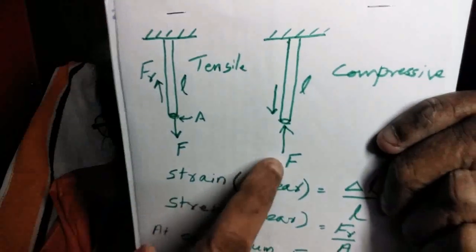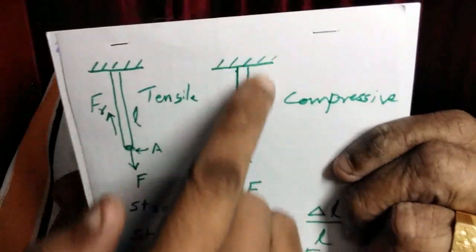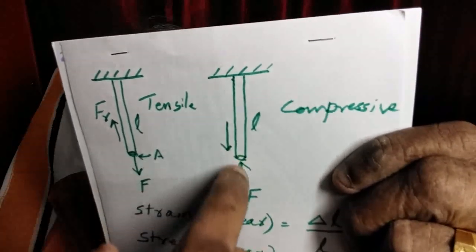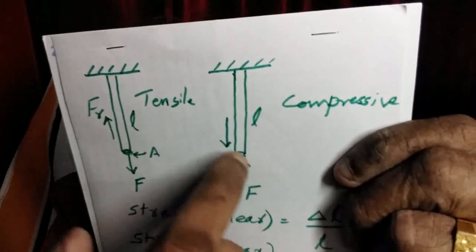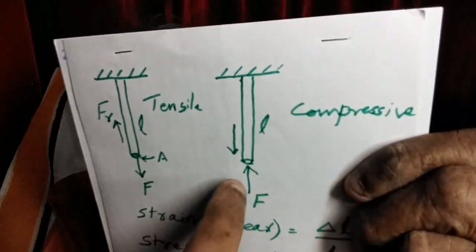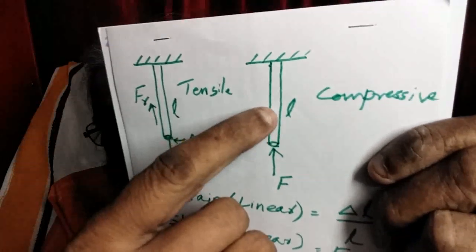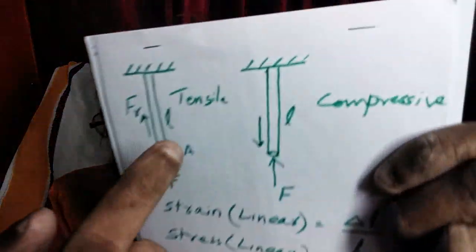Another one. Suppose you try to decrease its volume by pushing it up. Then a restoring force will develop opposite to this applied force. This is called compressive force. There also a stress is developed, equal to this restoring force per unit area. That is called compressive stress. Both these stresses are commonly known as linear stress.